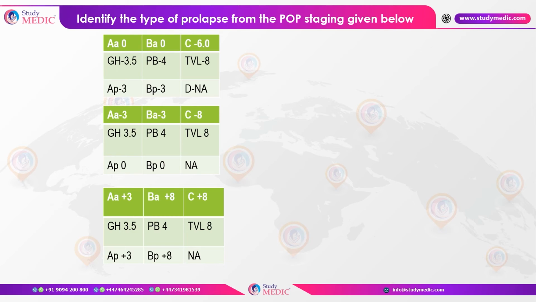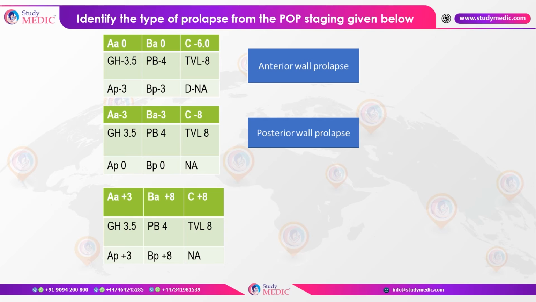Okay. In the second graph, what do you see here? AA is -3, BA -3, C is -8, AP is 0, BP is 0, point D not applicable. So here what do you have? Here this is a posterior wall prolapse. Alright. Coming to the third graph. Now what is happening? AA is +3, BA +8, C is +8, AP is +3, BP is +8, D not applicable.